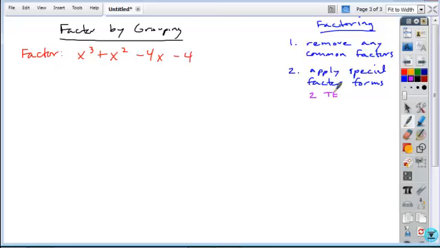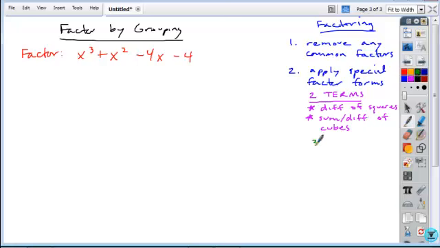If you're looking at an expression with 2 terms, the special factor forms you should consider are the difference of squares. If that doesn't work, the sum and difference of cubes. And for the most part, those are the special factor forms you'll see with 2 terms.